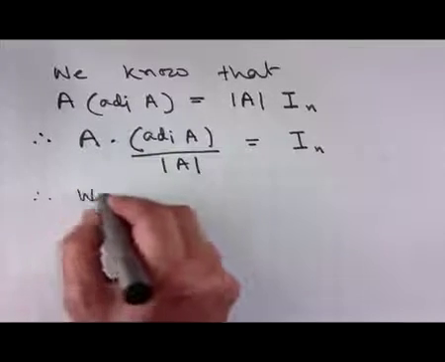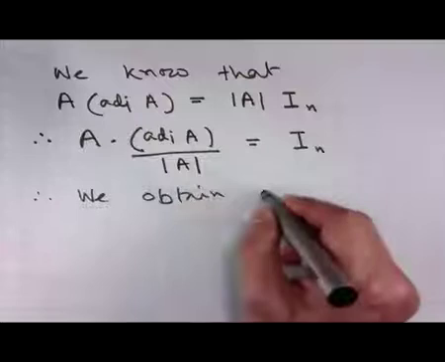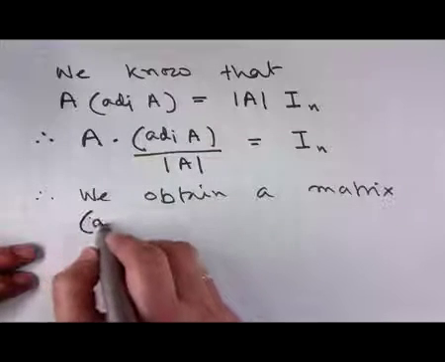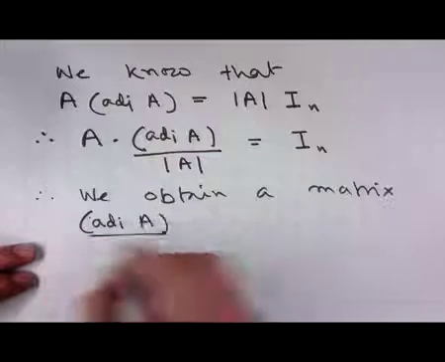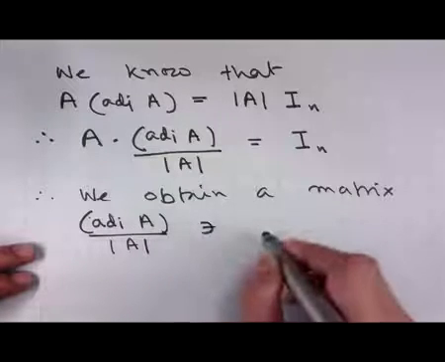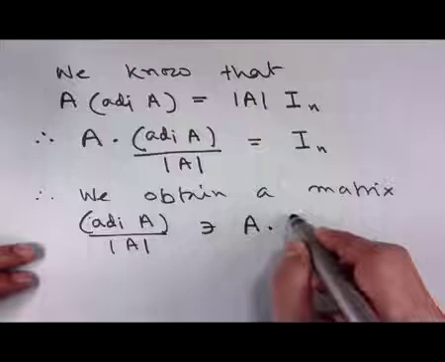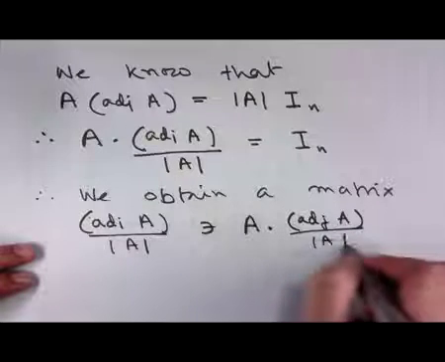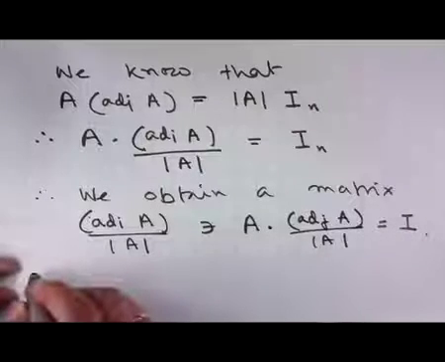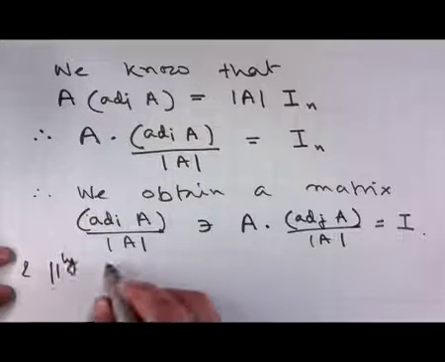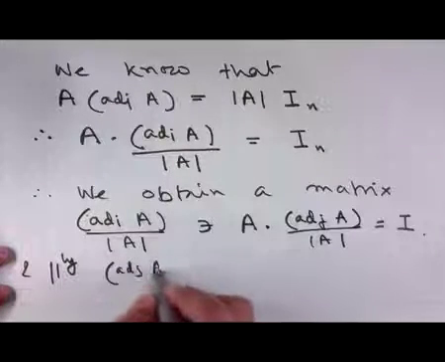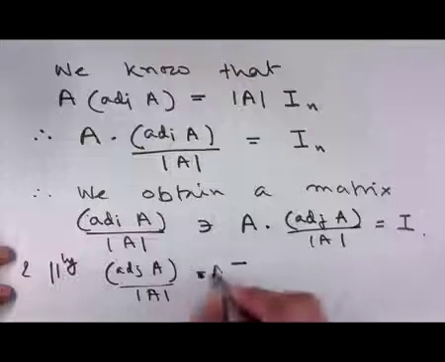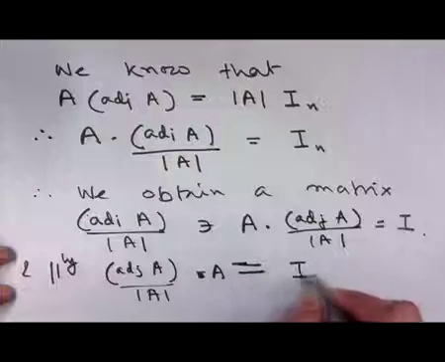Therefore, we obtain a matrix, adjoint of A upon determinant of A, such that A times adjoint of A by determinant of A is equal to identity, and similarly adjoint of A upon determinant of A multiplied by A is equal to identity.